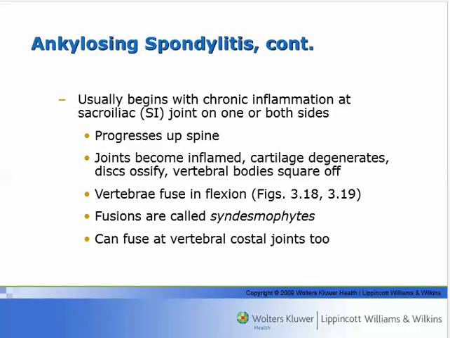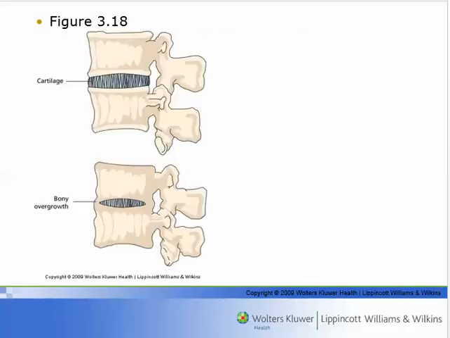So as that starts to fuse, then ribs start to fuse, and breathing becomes very labored and very difficult. So it starts to look like this bony overgrowth that happens, and like I say, the bamboo spine.